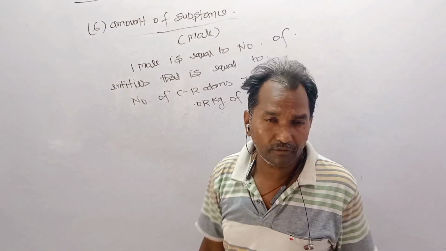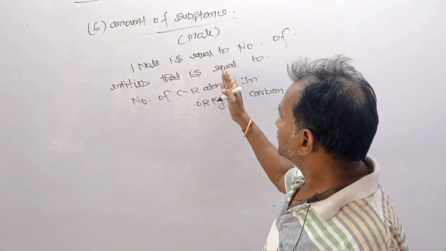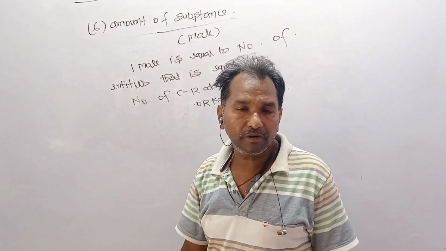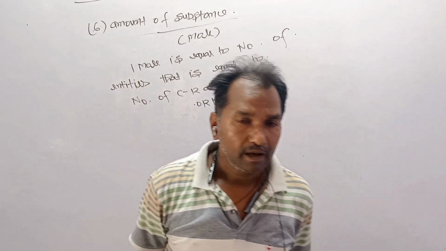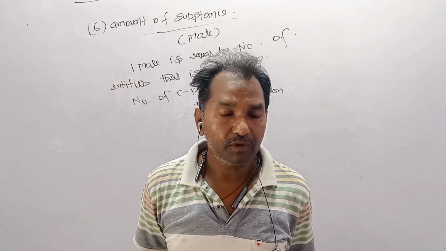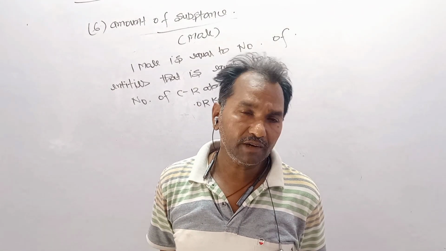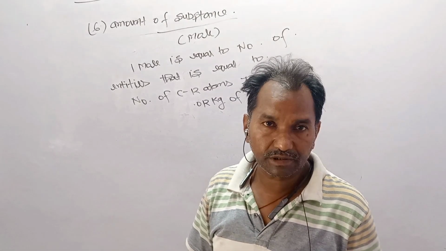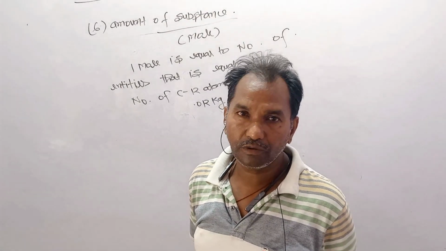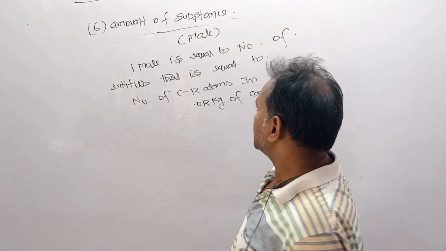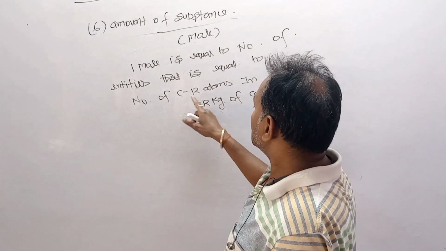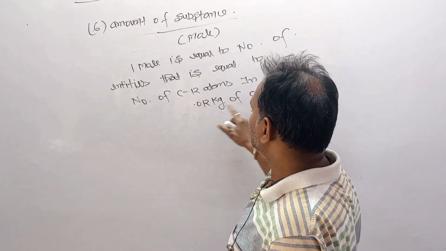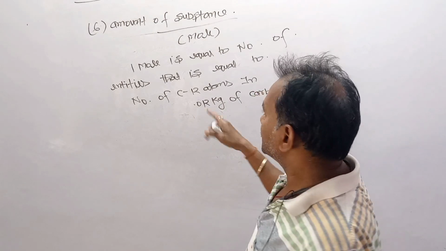Dear student, what does entity mean? Entities actually means, let's say you are considering 1 mole of atoms. Then 1 mole of atoms is equal to the number of atoms in 0.012 kg of carbon 12.